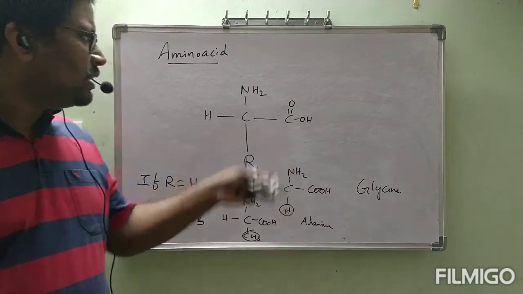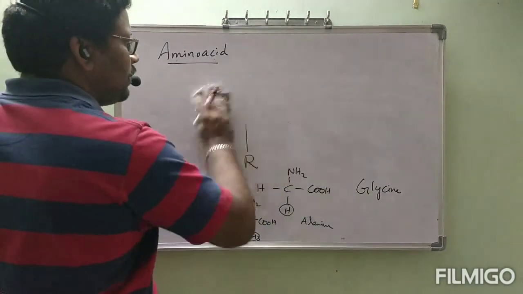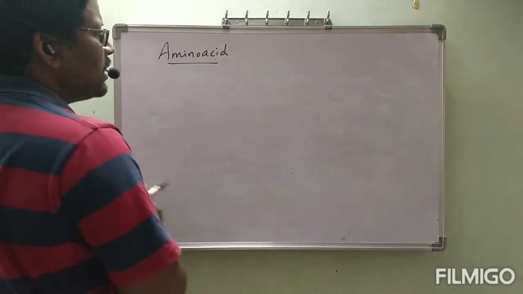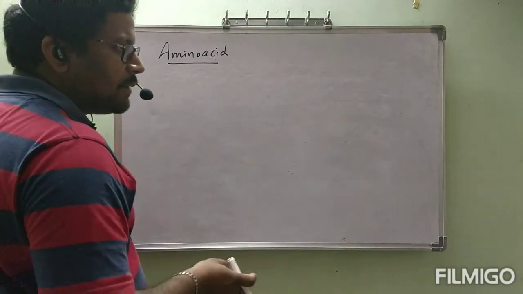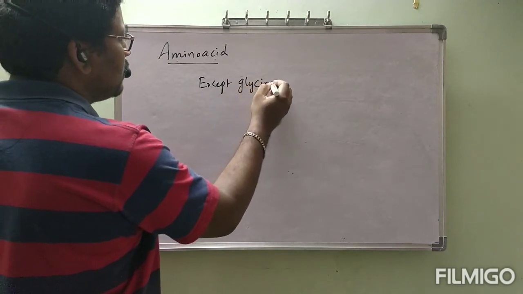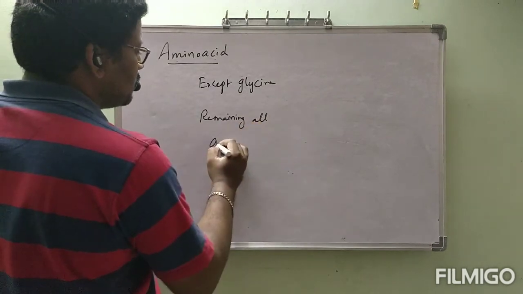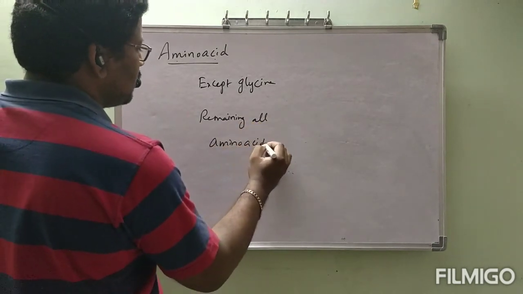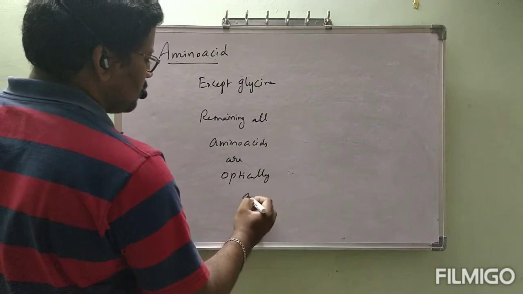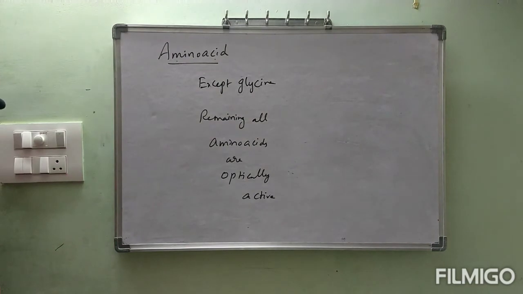Okay? That is the information regarding amino acids. Now one more important point: out of all amino acids, except glycine, remaining all amino acids are optically active.